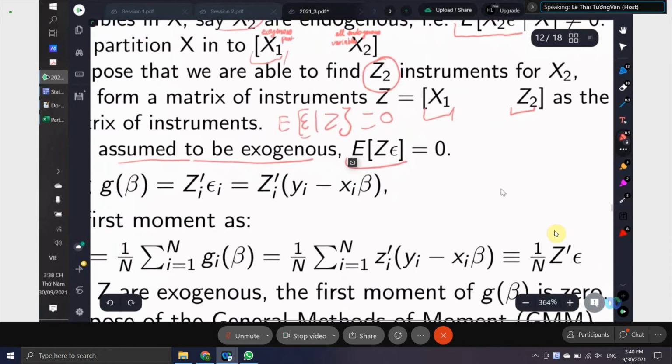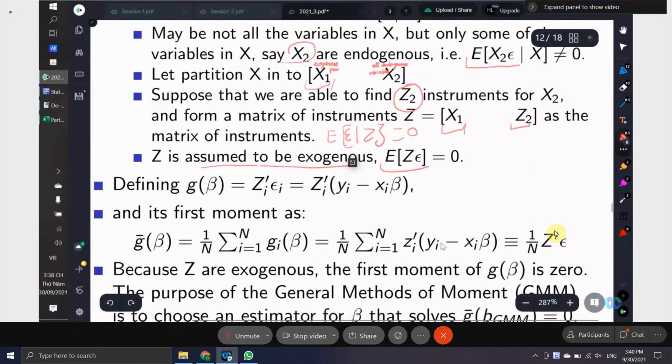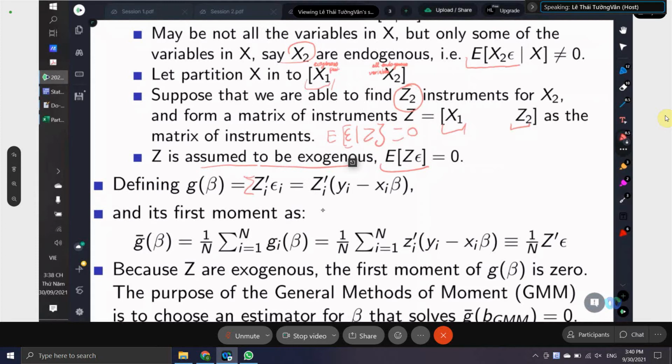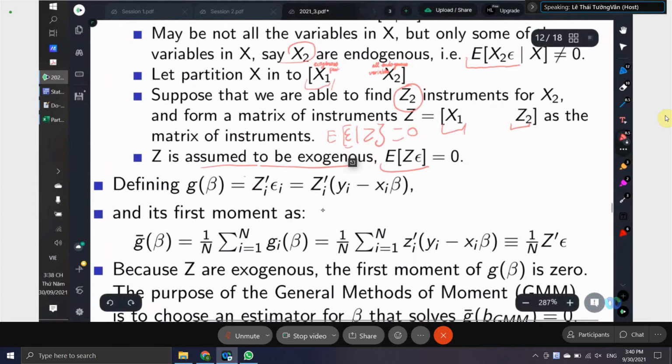So we define the new loss function G beta as the summation of Zi prime epsilon i, which is equal to Zi prime times (Yi minus Xi beta).